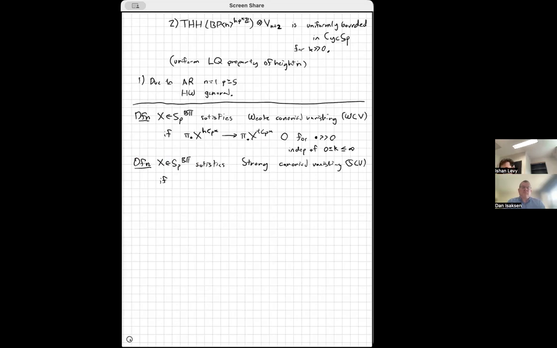So we're going to take your spectrum X, and you can look at its connective cover that maps to X. And now this is a circle equivariant map, and you can compose with a map that I will call a lambda to the n. So it's the following thing.